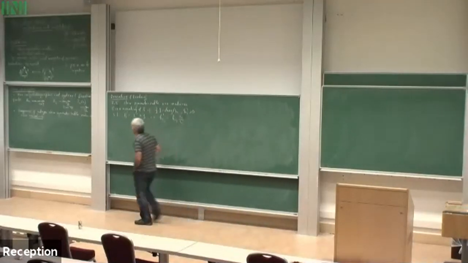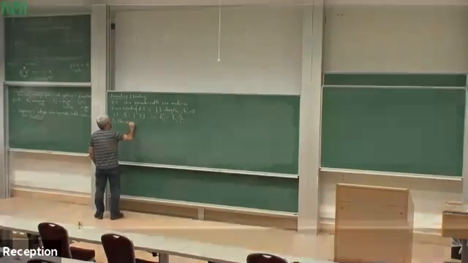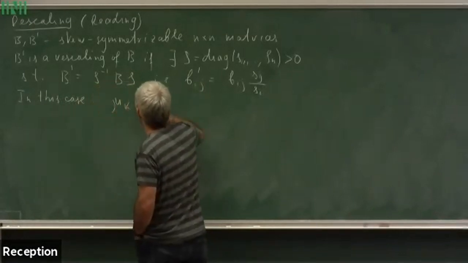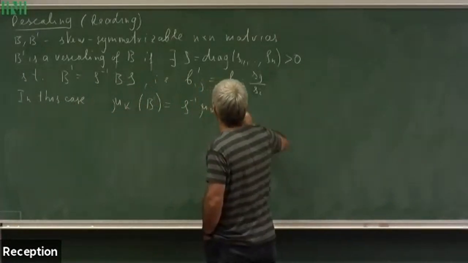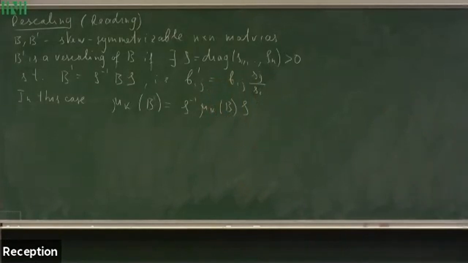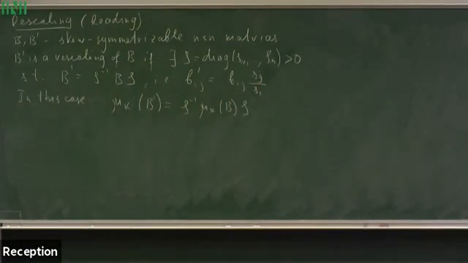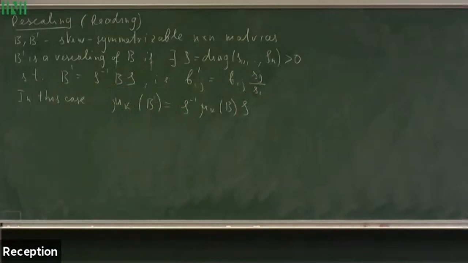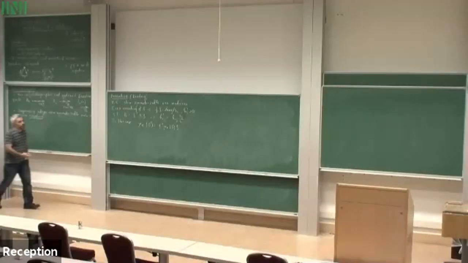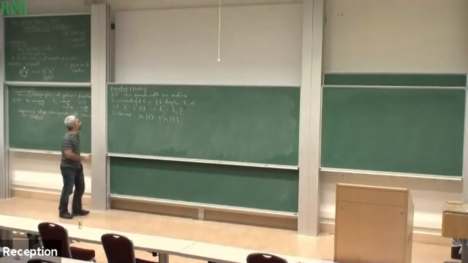In this case, I can prove that K of B prime is equal to S inverse K of B. So the procedure of rescaling commutes with mutation, which in its turn means that we can consider diagrams of skew-symmetrizable matrices up to rescaling.